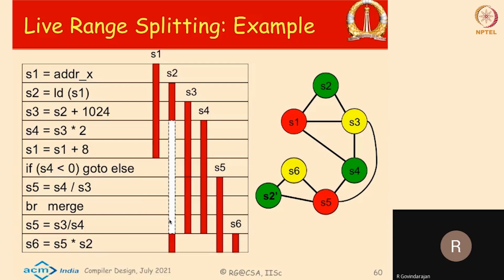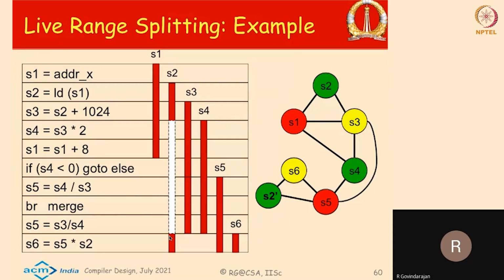it need not have to be, because after the last use of S2 in this, right, you are going to spill S2 into memory, and then you are going to reload S2 from memory into a register. It could be the same register or it could be a different register, right? So this goes back to the question that one of you asked, what happens if I am defining the variable in multiple places, right?